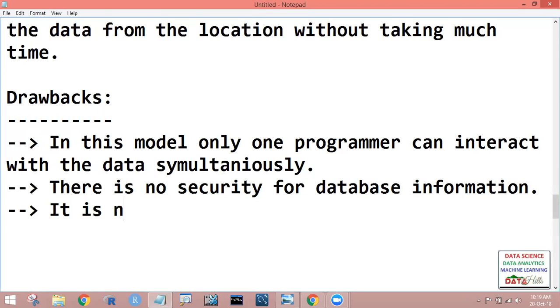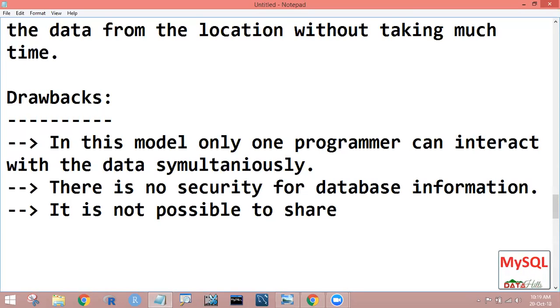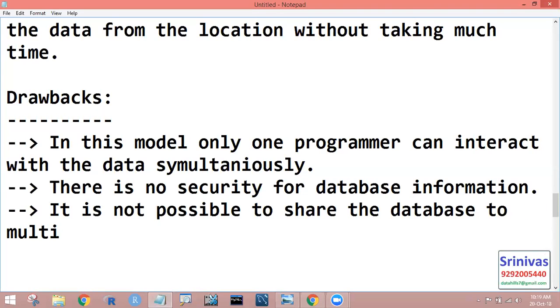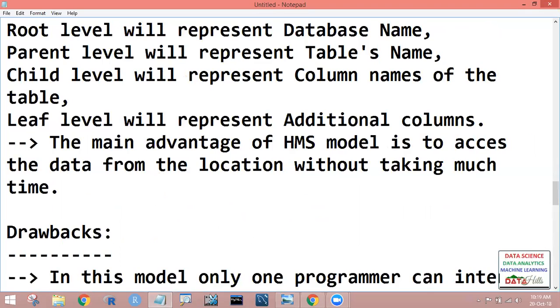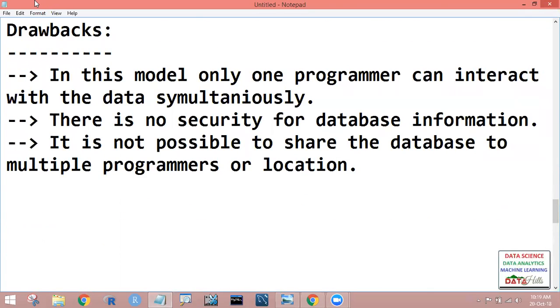It is one of the drawbacks that we are having in this hierarchical management system. It is not possible to share the database to multiple programmers or locations. These are the drawbacks in this model.